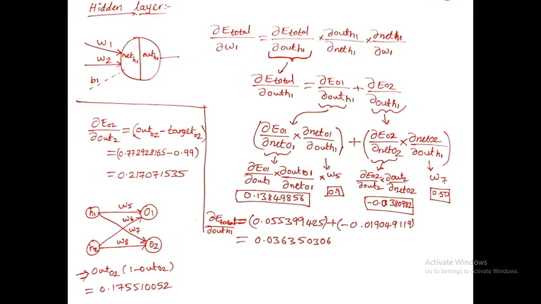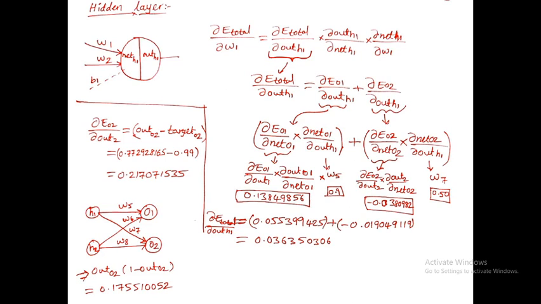So now if you multiply W7 with dou E O2 by dou net O2, you will get the term as minus 0.0190491119, the last but one line in the equation of dou E total by dou out H1.